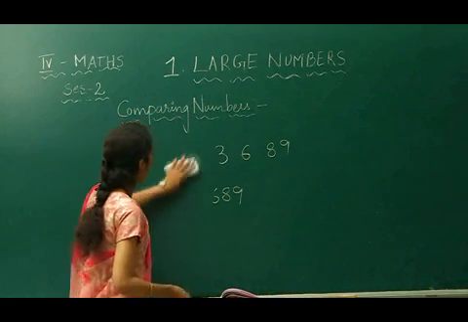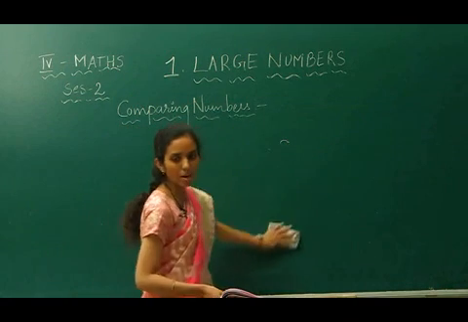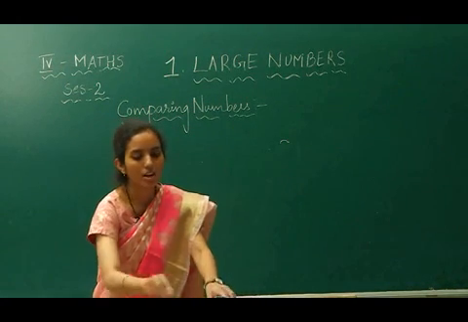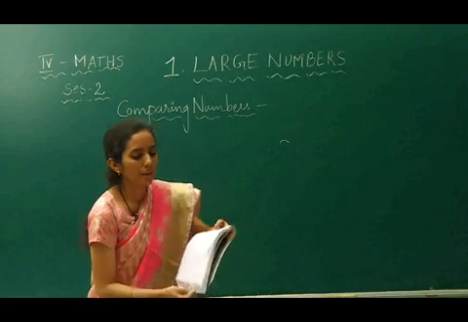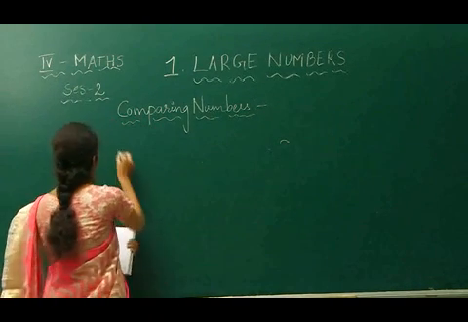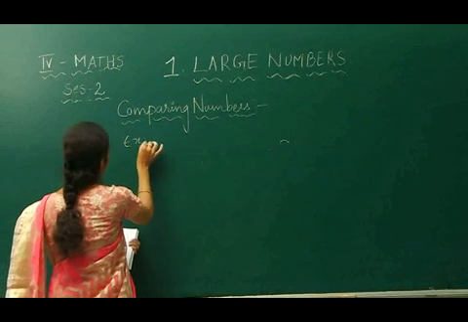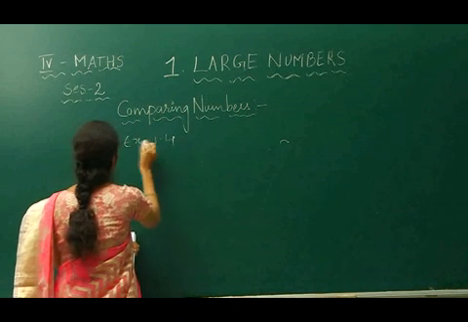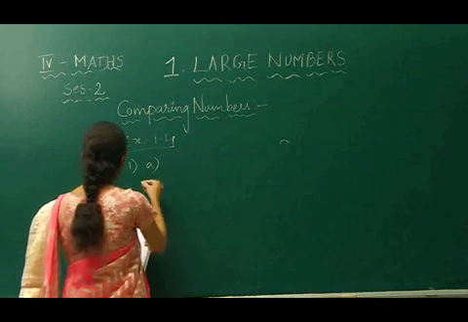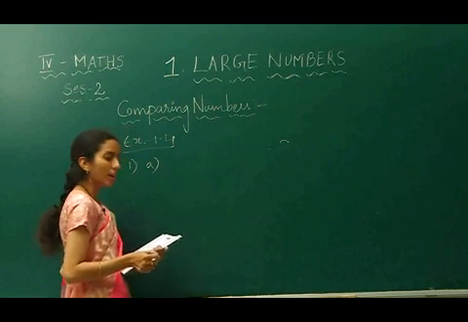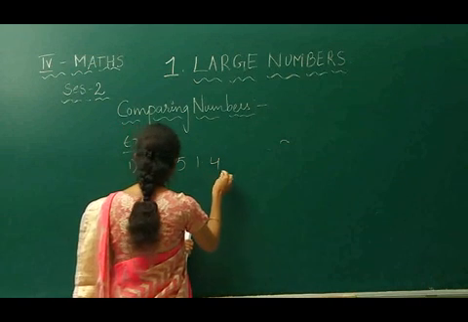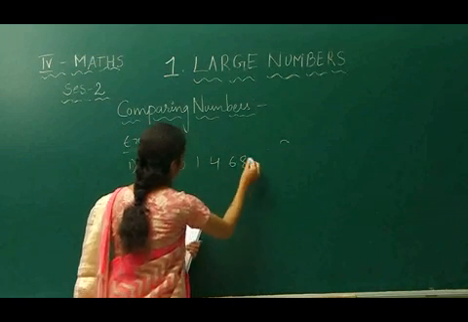So, coming to page number 17, exercise number 1.4, building the greatest number and the smallest number using the given digits. So, let us see the exercise problem. With the given numbers, we have to build the greatest number: 5, 1, 4, 6, 8.